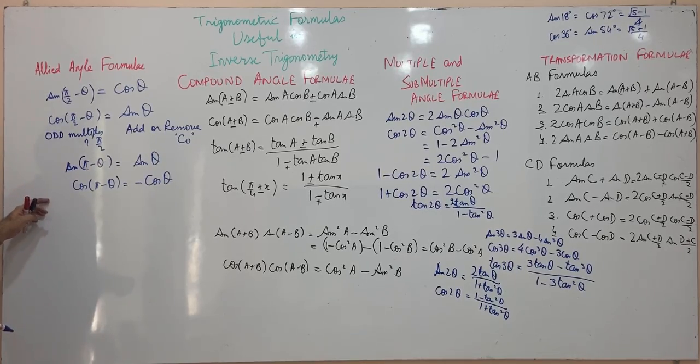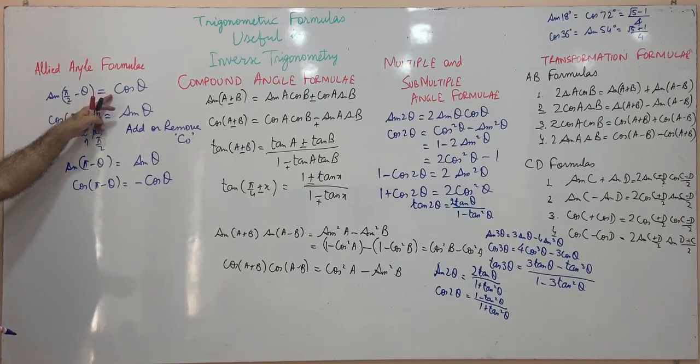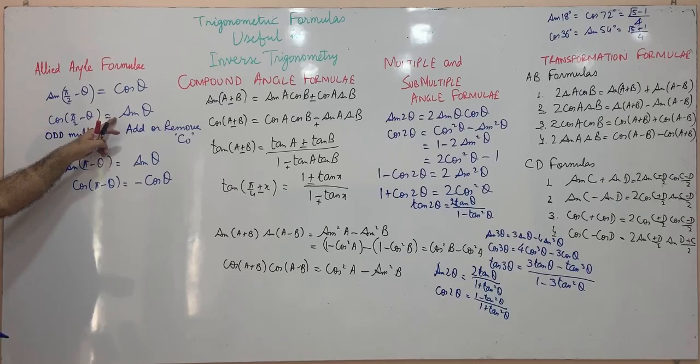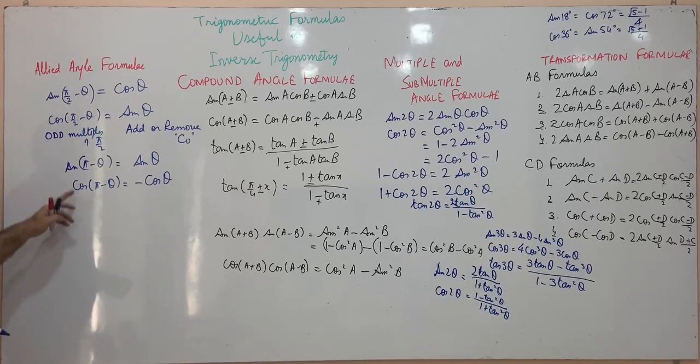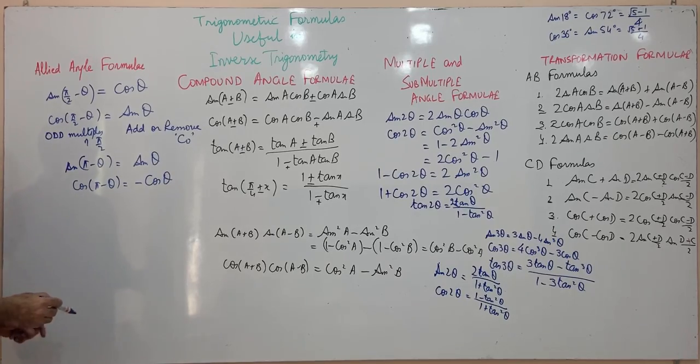The sign is decided by the quadrant in which the allied angle lies. Pi by 2 minus theta is in the first quadrant, so positive sign. Now pi minus theta is in the second quadrant, and we know sine is positive in the second quadrant, therefore positive sign here. For cos, we have a negative sign. Cos is negative in the second quadrant.